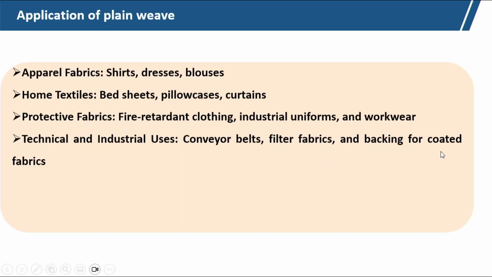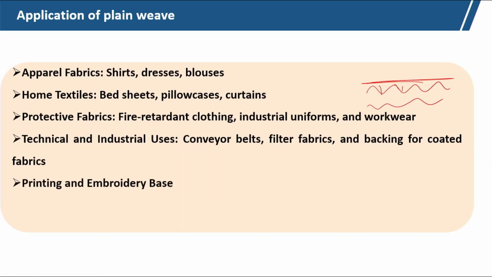Backing for coated fabrics, because of the higher interlacement, this will give the coating a better adhesion, better contact. So, that is why for coated fabrics backing, normally plain woven fabrics are used.